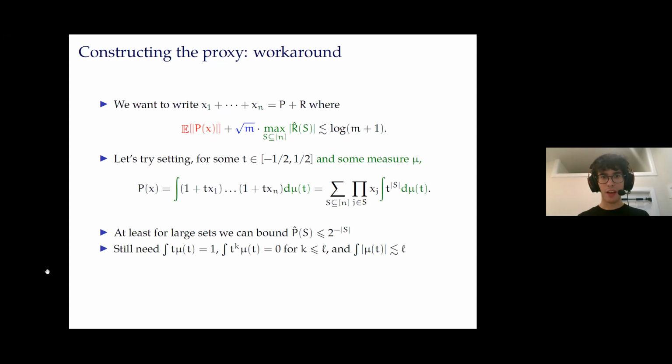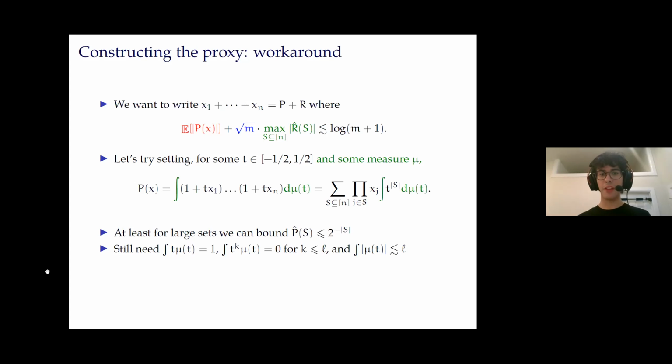But we still need to have at least a few properties here. We're going to choose some odd integer L for the rest of the talk, which later we're going to take to be around half of log m. We want to construct this measure such that for the first power, when you integrate it, you get a 1, which nicely approximates the linear term. And all the other small powers, we're going to set to 0.